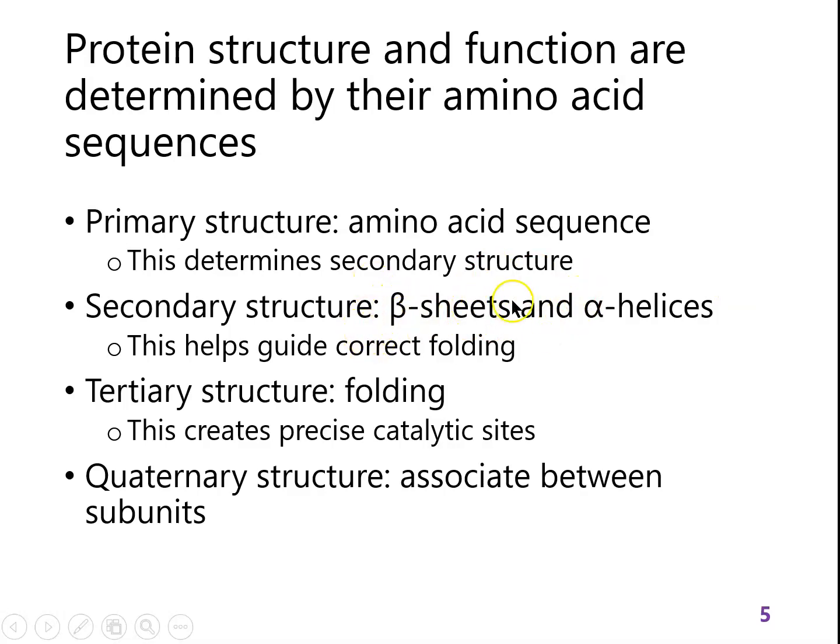And then, once those are made, they interact with each other to make the complex 3-dimensional folded shape that any protein needs. And that gives it the perfect shape of its catalytic sites, if it's an enzyme, or the perfect shape for it to bind something if its job is to attach to something. So that's called tertiary structure, that folding, that 3-dimensional shape.